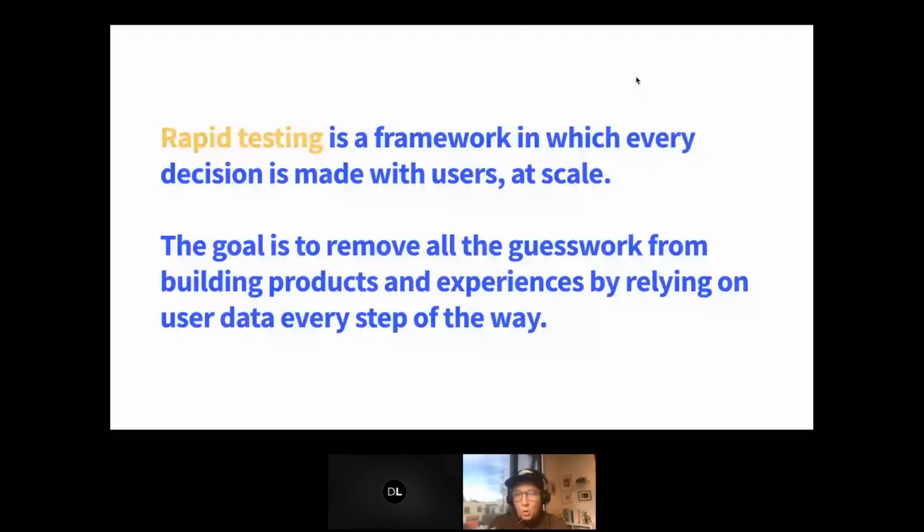And so the goal ultimately is to remove all of the guesswork, the hypotheses or assumptions that we might have in building products or experiences, and instead ensure that we have user data, actual quantifiable, accessible information about our users, their desires, their behaviors, at every step of the process. Not just late at the end of the process before we're about to ship, but at every point in the process.